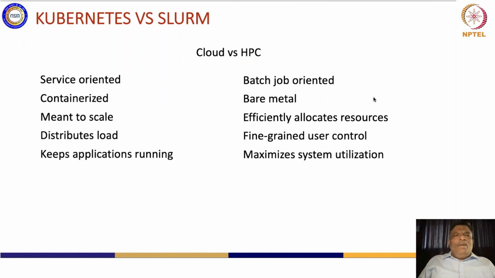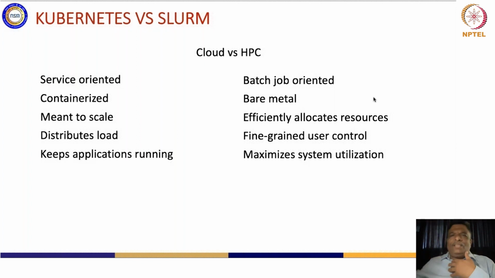Now coming down to how the implementation happens, Kubernetes is basically used for a cloud-like situation. So it is service-oriented, it's containerized, it can be scaled, and it does load balancing on its own, and it will ensure that your quality of service is maintained and it keeps the applications running. Whereas in the case of HPC, it is basically batch type work.